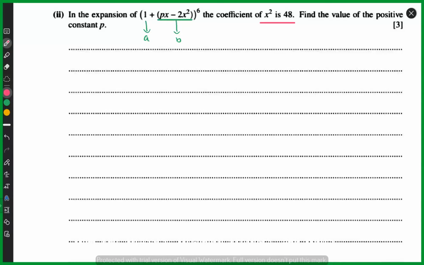Miss, I'm not able to find r. Yes, I know.